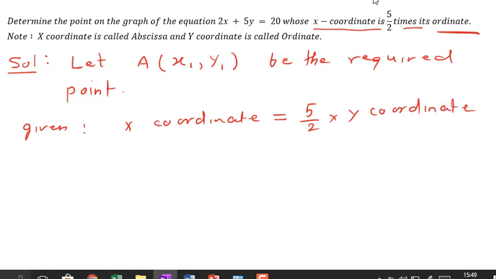So we have x1 equal to 5 upon 2 times y1. I will consider this as equation 1.